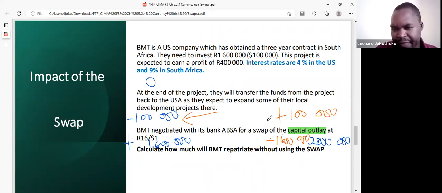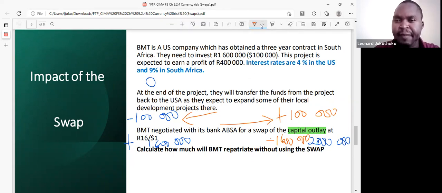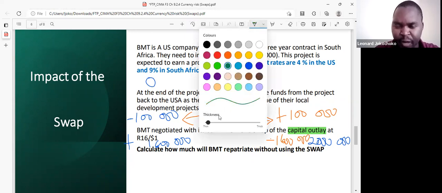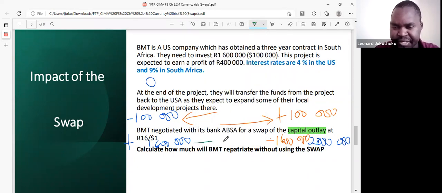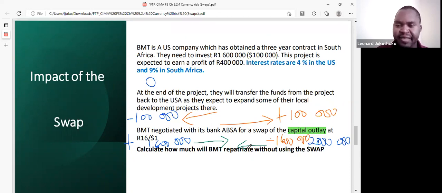But now the bank is returning BMT their original money. BMT did not suffer anything. It still is $100,000. In the same manner, the bank gave 1.6 million to BMT. Now, the bank is giving back its 1.6 million. No one has suffered. Please note that ABSA is a South African company. So ABSA is not affected directly by the change of 1.6 million rand.